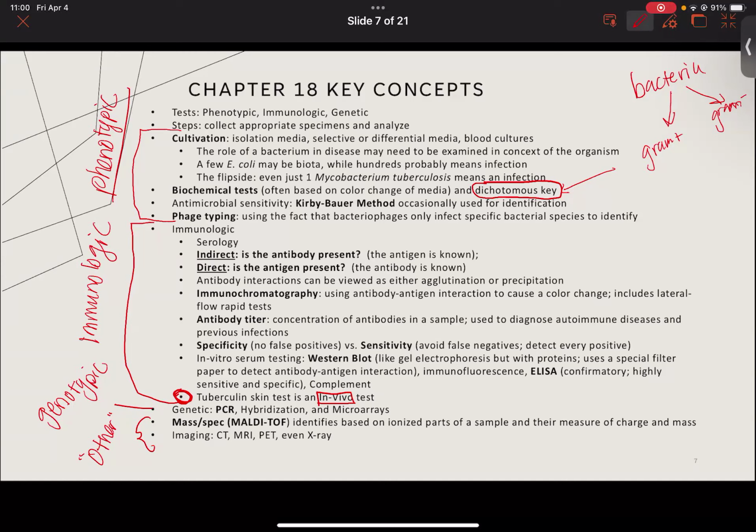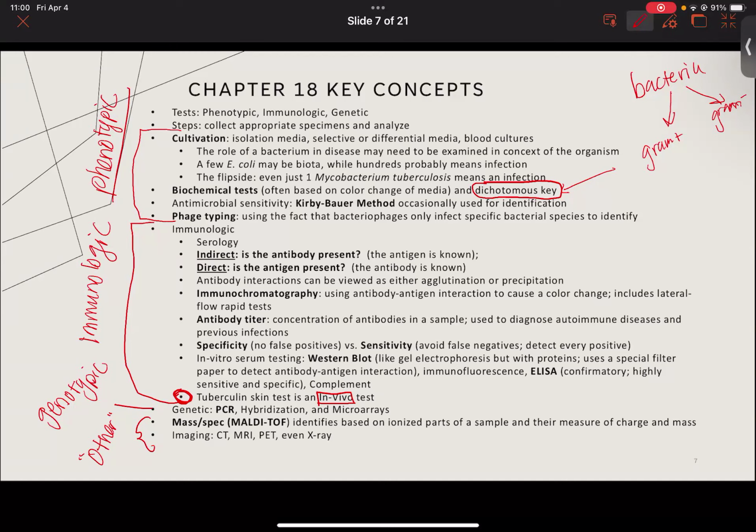Get those terms down. If you think, oh well, I got it wrong this one time in microbiology, man, if you can't figure out what in vivo or in vitro or in situ mean, it's your responsibility to know what those tests are referring to when you're actually conducting these tests on your patients.